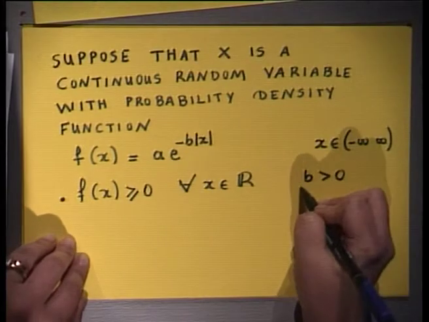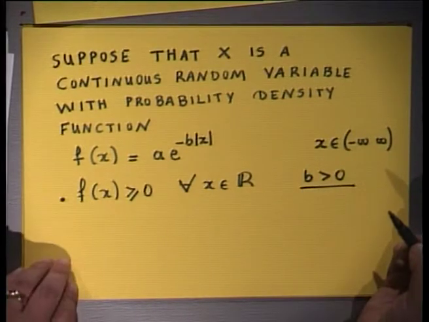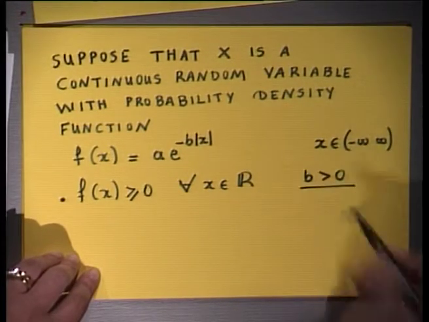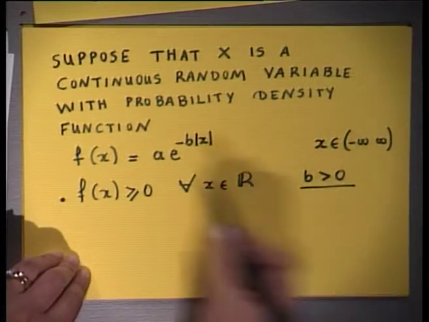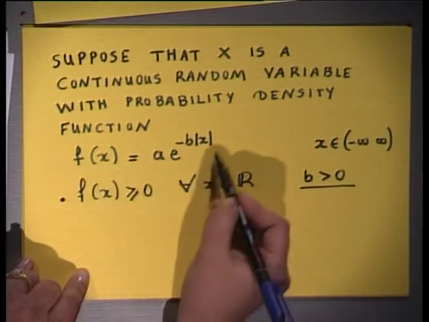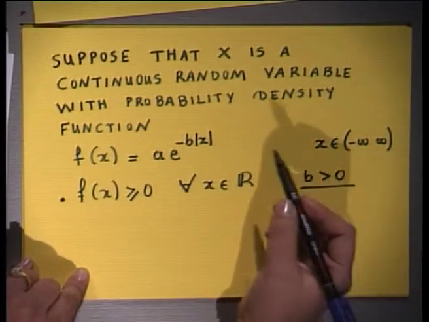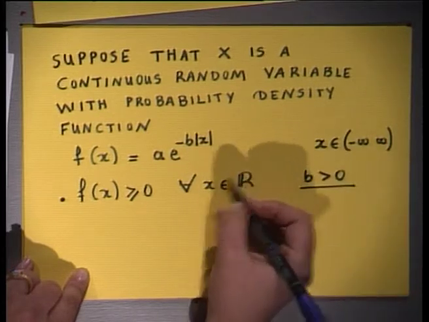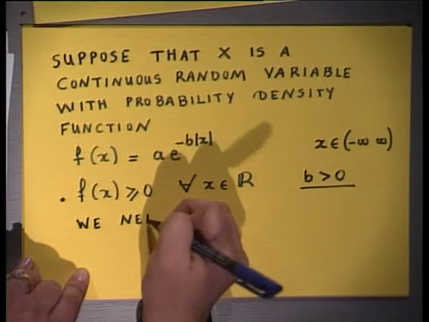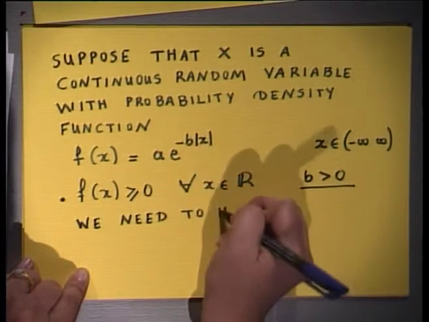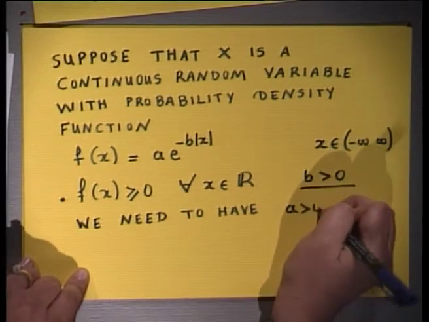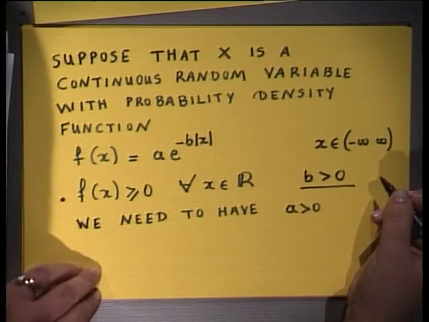We have to assume that b is greater than 0. For this example, we are going to assume this. And so in order for this to be greater or equal to 0, we are going to need a to be greater than 0 as well.